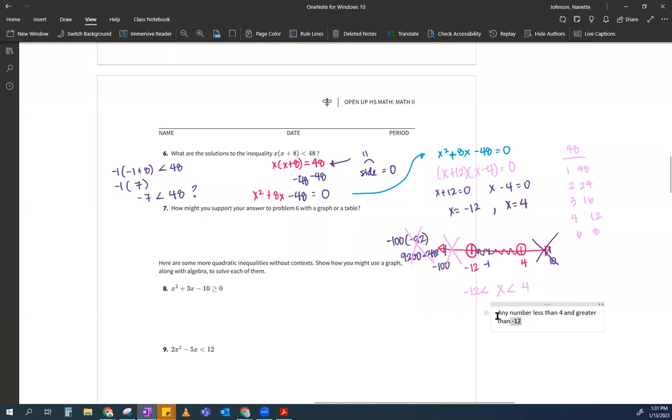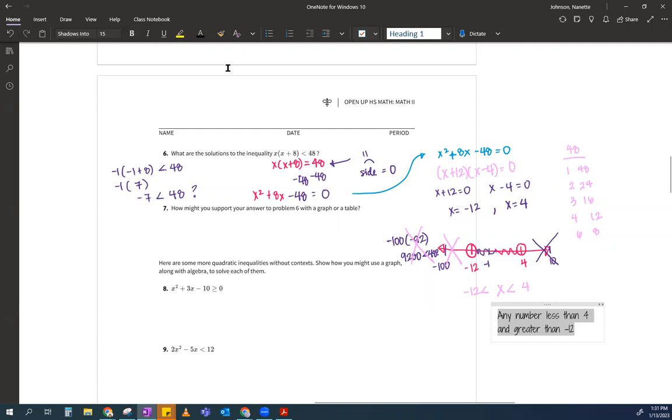Okay, so this is actually how you would speak it out loud, right? Everybody okay with that? The reason I want you to be able to say it is because people will read this from left to right, and you don't really read it from left to right. You read it from center out. So I'm thinking about any number that's less than 4, but also greater than -12. So this is the answer that goes here. All of this answer right here goes over here as the answer for this.